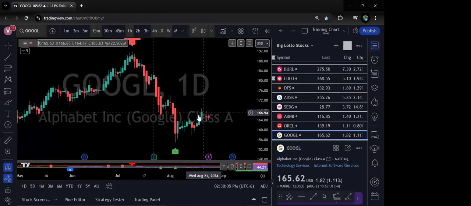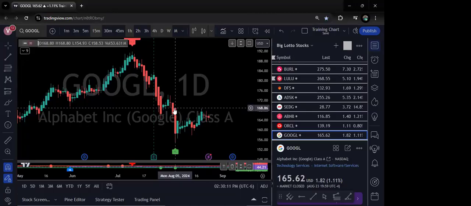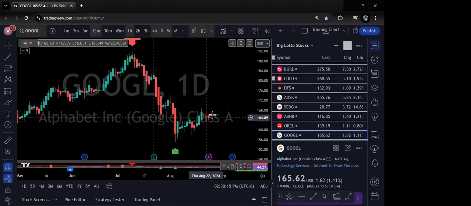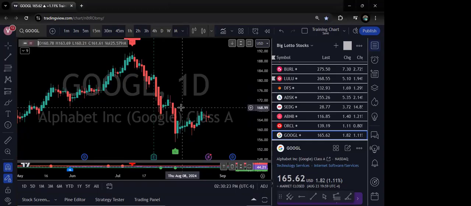If you're eliminating, then Google, until it closes above 168, you will not get any strong decision out of it. This is the difference between a stock which has a change of character and the one that doesn't have a change of character. Okay, so that's one strategy. 1, 2, 3 pullback, either bullish or bearish.